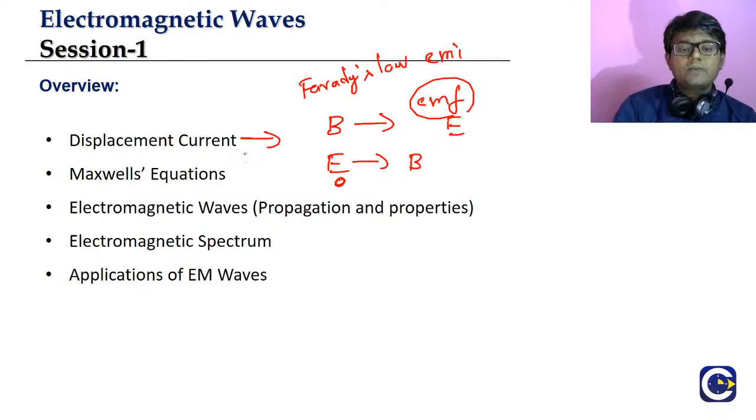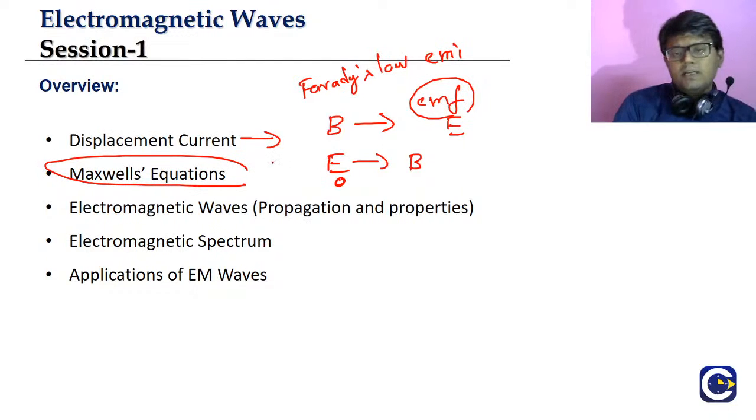So first we look at the idea of displacement current, and based on this, Maxwell correlated the equations pertaining to electromagnetic induction, the entire idea of relation between the electric field and magnetic field. He came up with a set of equations that correlate the electric and magnetic fields.